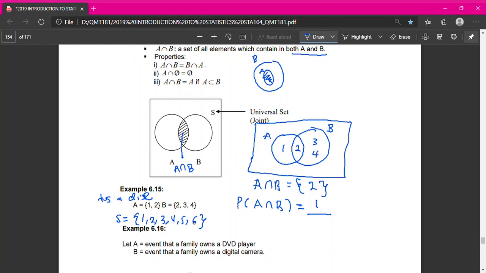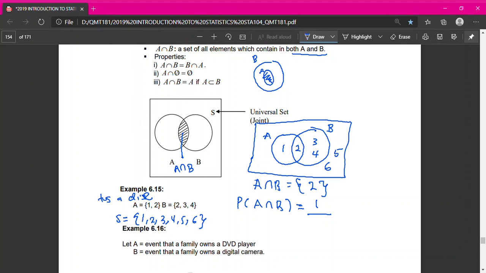So, ada lagi number yang tak ada di antara event A dan B iaitu 5 and 6. So, 5 and 6 akan berada di luar ni. Okay, kena masukkan juga 5 and 6 sebab 5 and 6 adalah kita punya sample space, outcome untuk keseluruhan eksperimen.